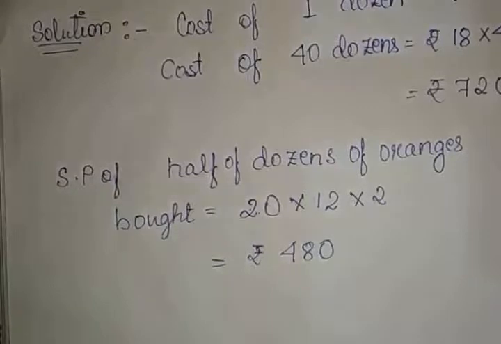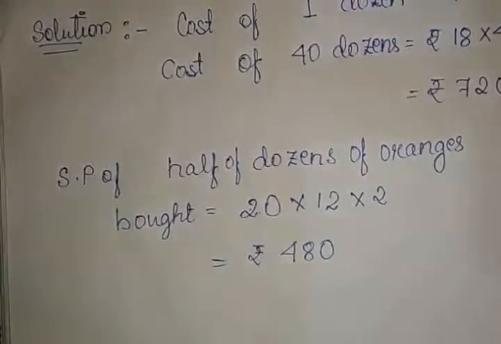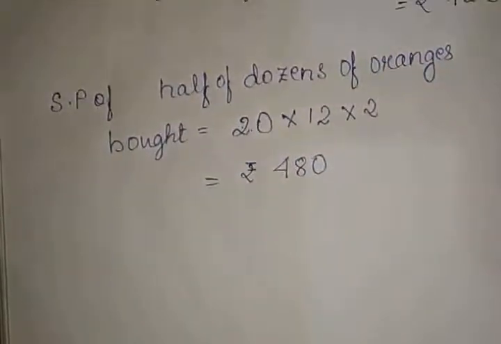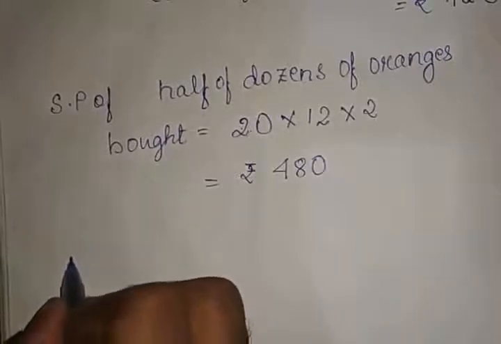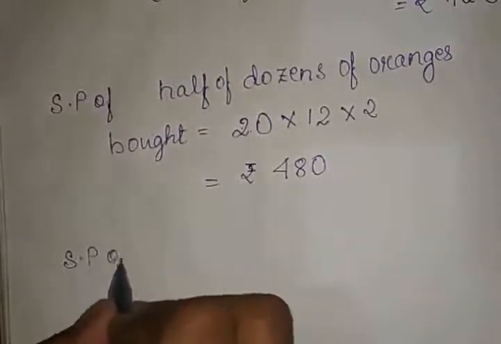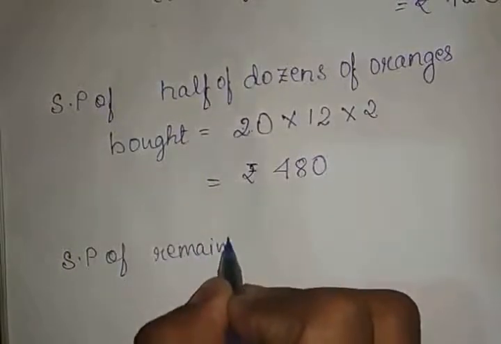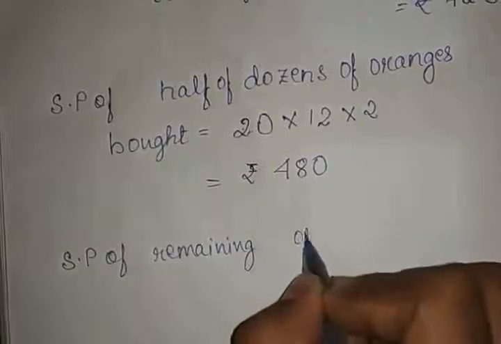Then after that he said that by that time 20 oranges went rot. Means 20 oranges were not of use, so he could not sell them. So whatever oranges were left after rotting, let's see the selling price of the remaining oranges.